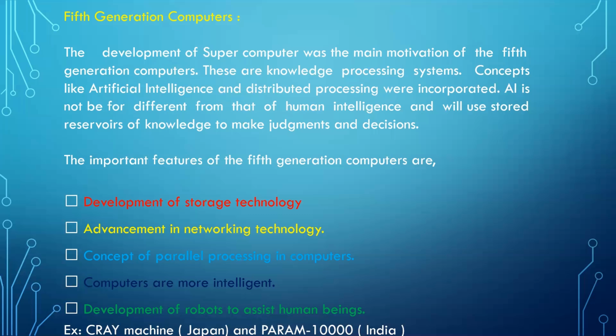Major storage technologies were developed in the fifth generation. Then in the fourth generation we introduced the concept of networking, but the advanced stage has been reached in the fifth generation. That's why I'm saying advancement in networking technologies. It means a lot of things have been improved in the field of networking technologies in the fifth generation.